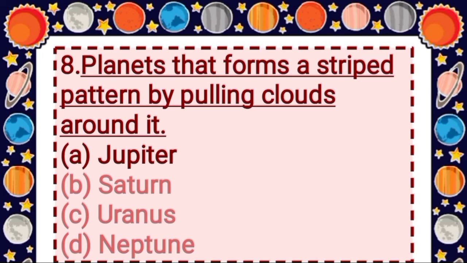First option, Jupiter. Option B, Saturn. Option C, Uranus. And option D, Neptune. So answer is option A, Jupiter, means a planet that forms a striped pattern by pulling clouds around it is option A, Jupiter.